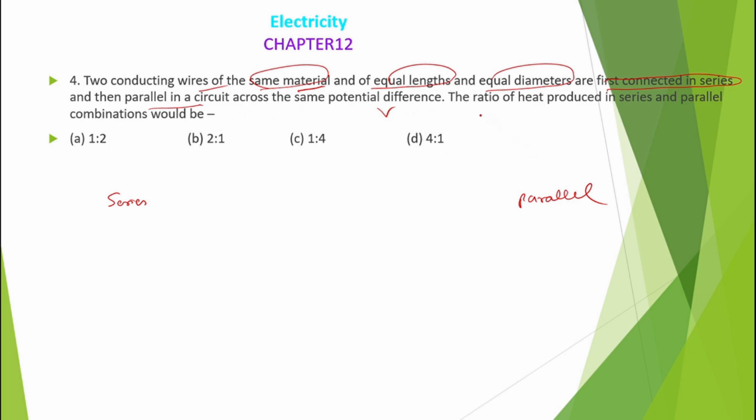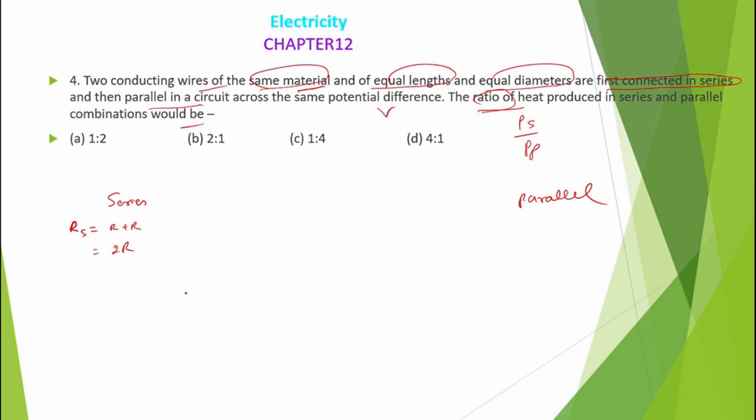The ratio of heat produced in series to parallel is asked. That means PS divided by PP. First we will see the series connection. That means R in series is equal to R plus R is equal to 2R.